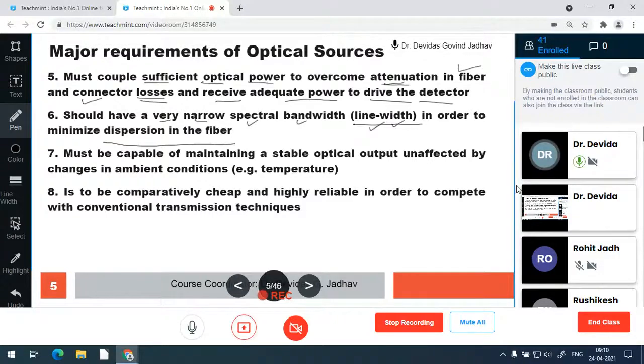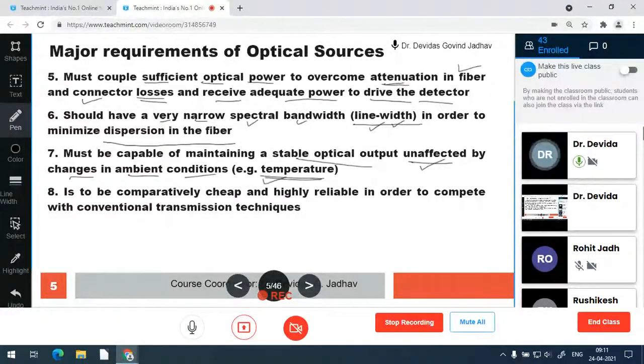Similarly, here the source must be capable of maintaining a stable output unaffected by changes in ambient conditions like temperature. Suppose the ambient temperature varies, then also the source must maintain a stable optical output. So this is the requirement. To maintain that stability, drivers are used in the sources, basically for lasers.